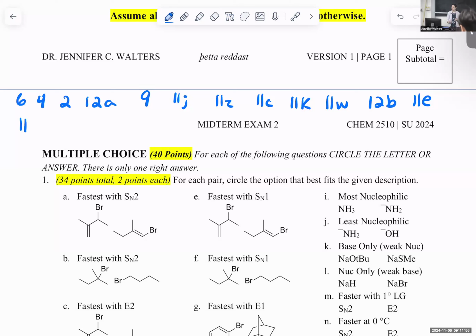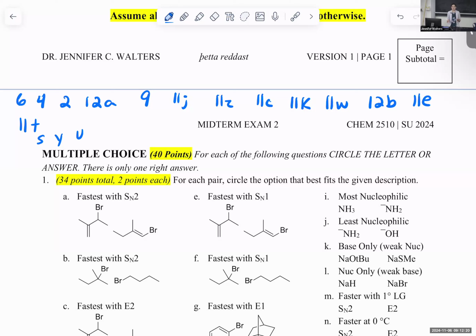There were a lot of questions for 11, so it makes sense. There were 26 of them.